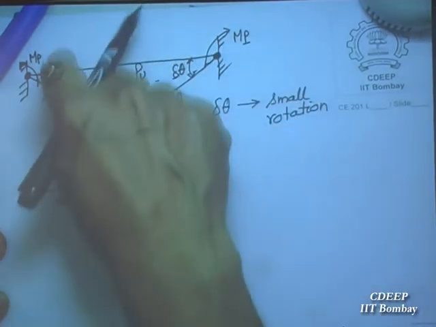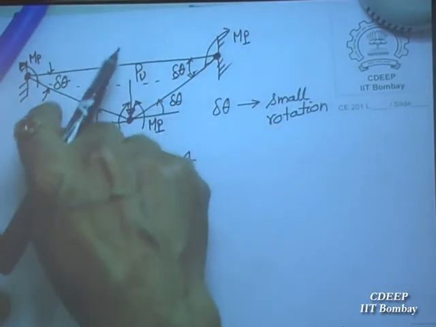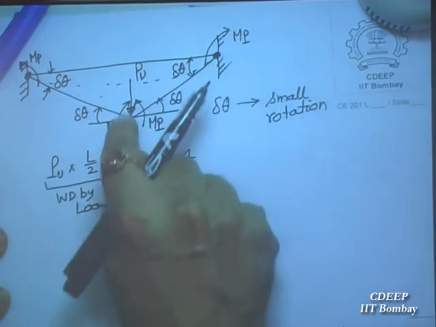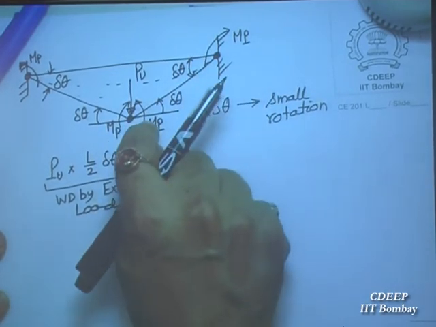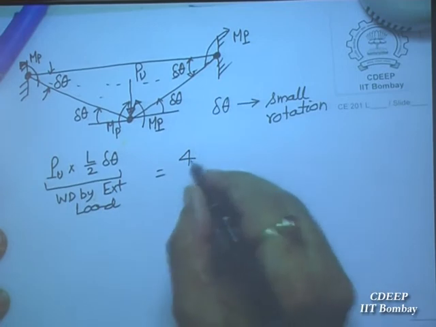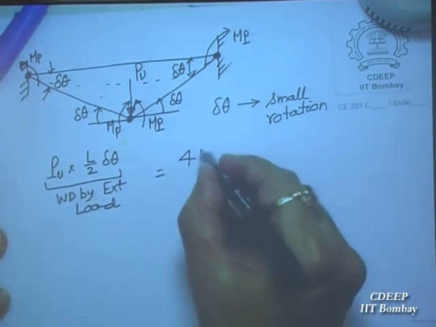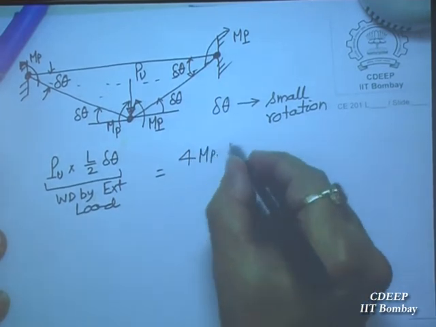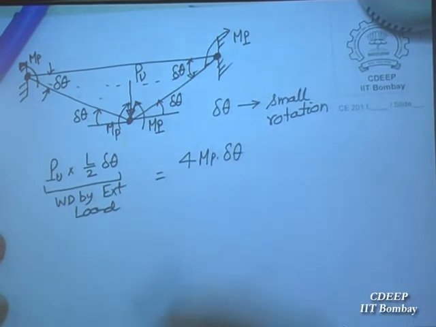This MP has rotated by theta, this by theta, this by theta, this by theta. So earlier it was 2 MP, now it is 4 MP multiplied by delta theta.